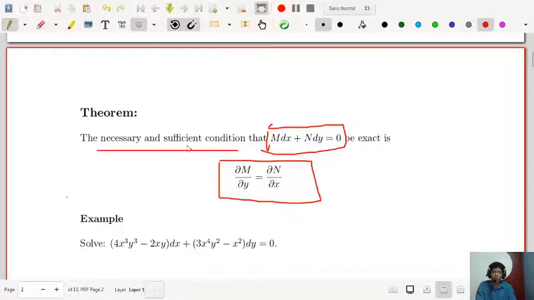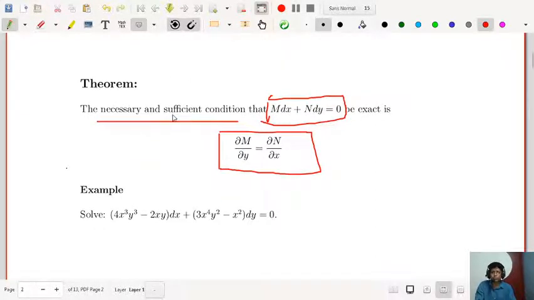So if this equation is exact, then del M del y equals del N del x, and if del M del y equals del N del x, this equation is exact. That is called the necessary and sufficient condition, if and only if. You can find the proof in any standard undergraduate differential equations book, so you can go through that.